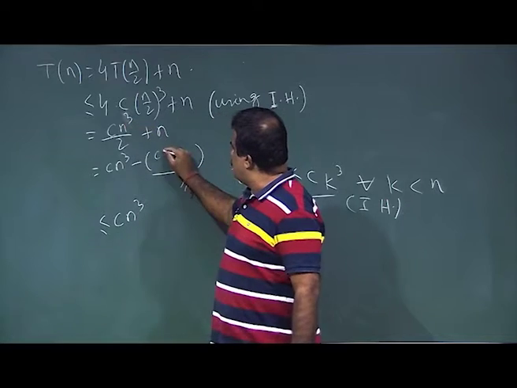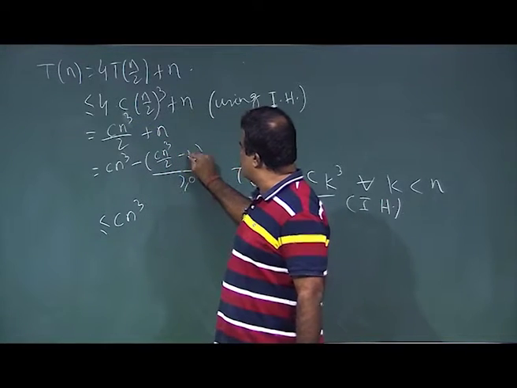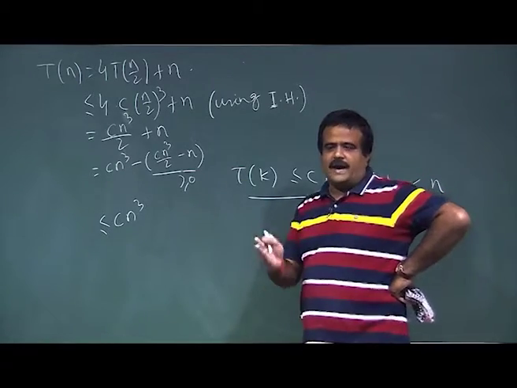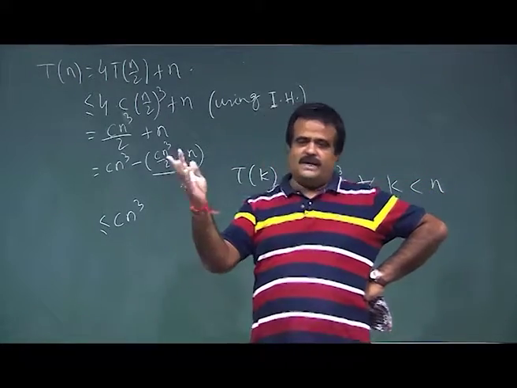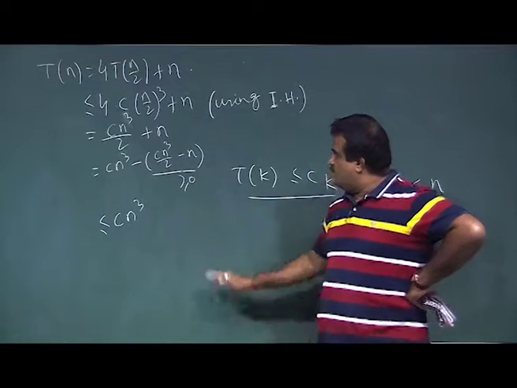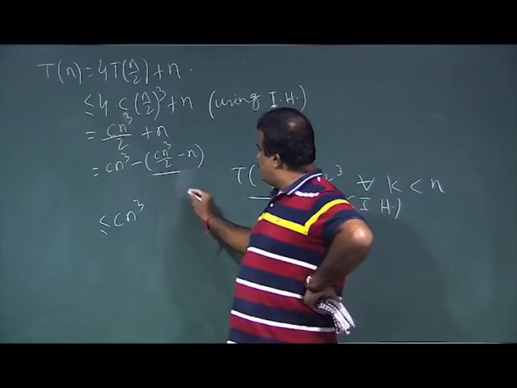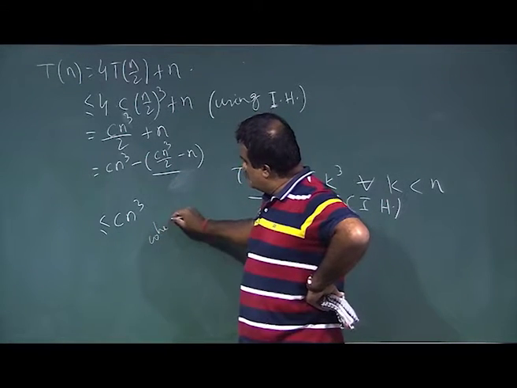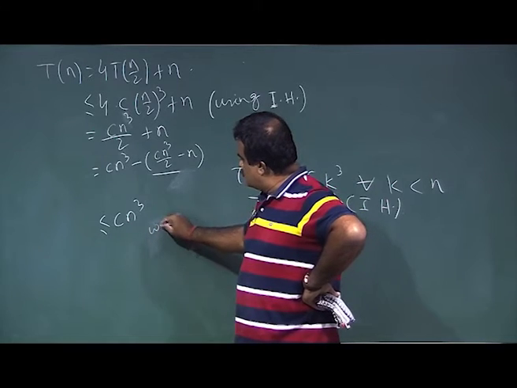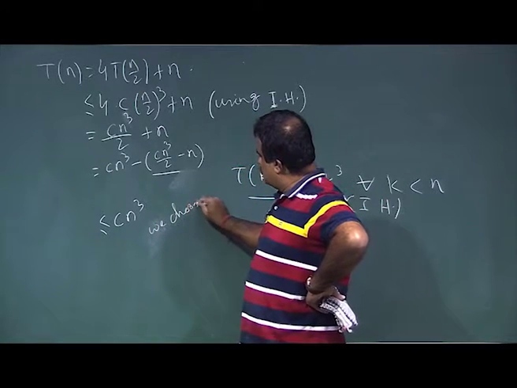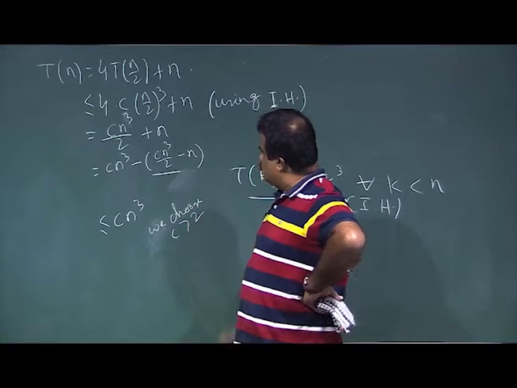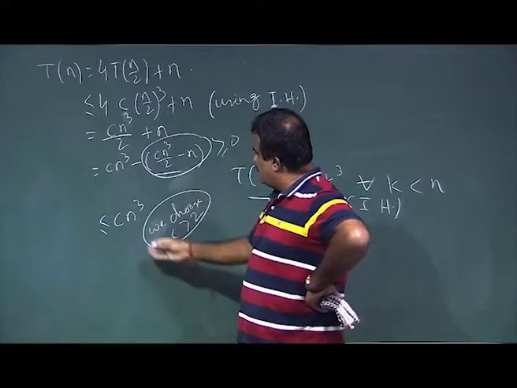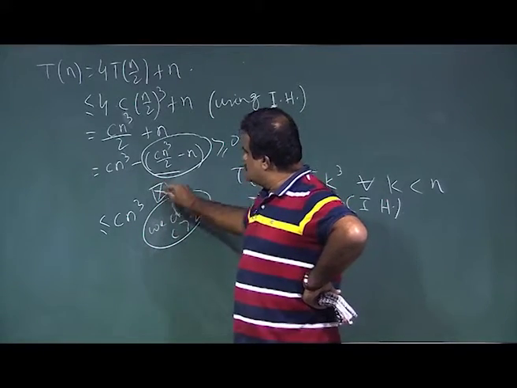This is c n cube by 2 minus n. Now, c is a positive constant which we can play with. If we choose c greater than 2, then this is greater than 0 and then this is less than c n cube. So, done.